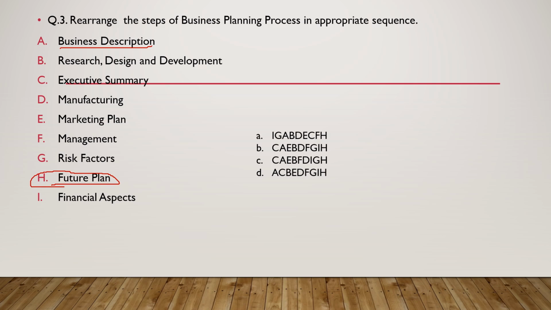Okay, future plan. See here all the options are there. So future plan will be the last, so you should know what the first step is. The first step is executive summary. Executive summary, then business description. So like that you have to arrange this and you have to click the answer.